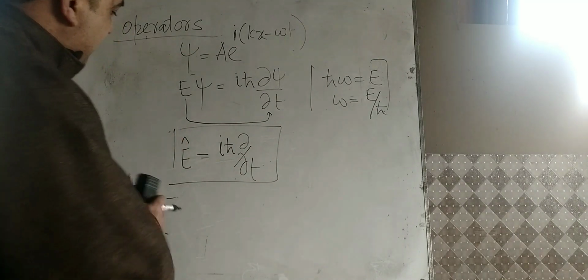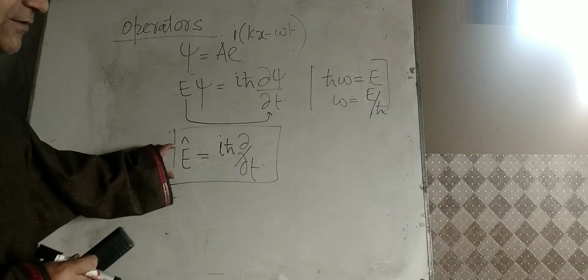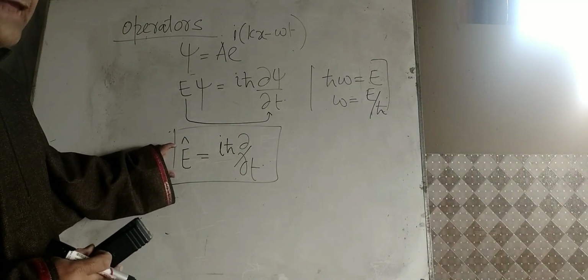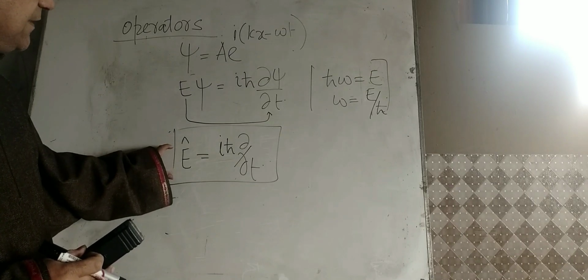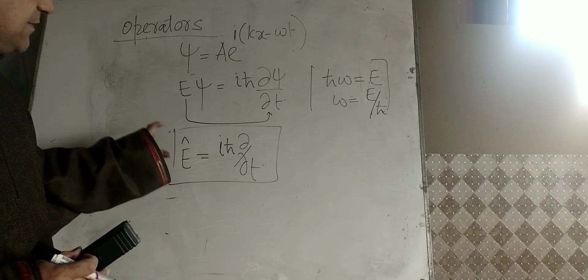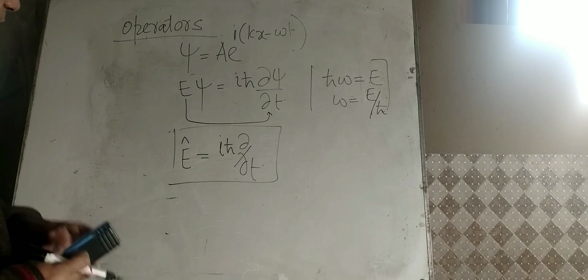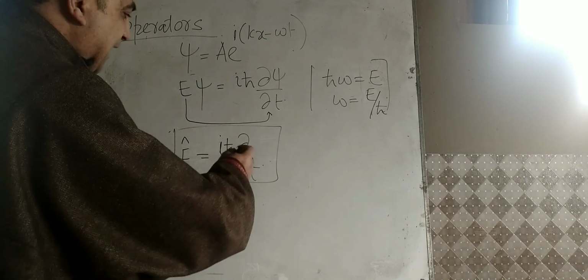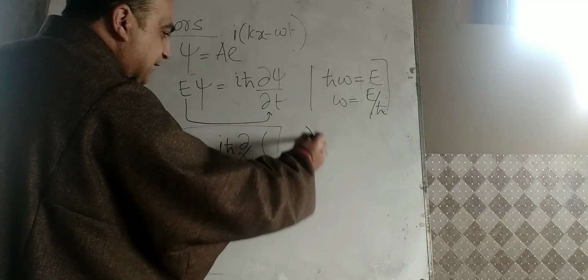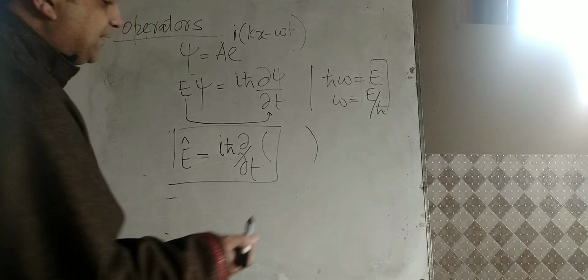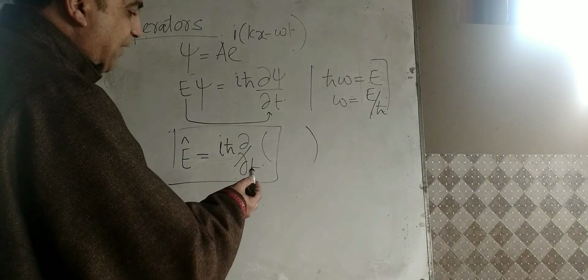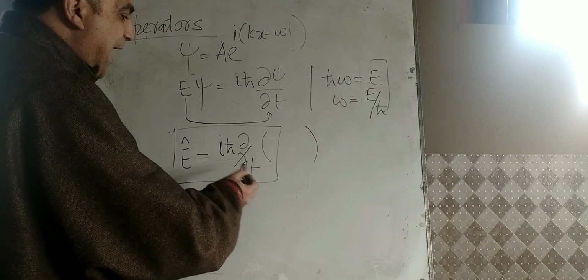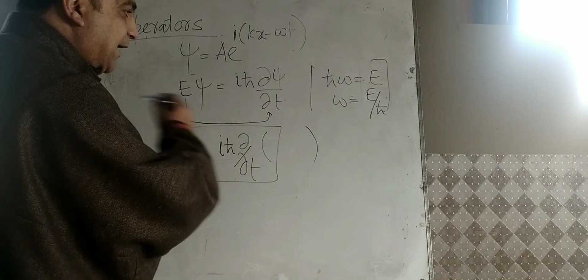So here, E caret or E cap gives us the energy operator. Now, what does this energy operator mean? It means anything that comes after it, you have to take its partial derivative with respect to time and multiply that by i h bar.